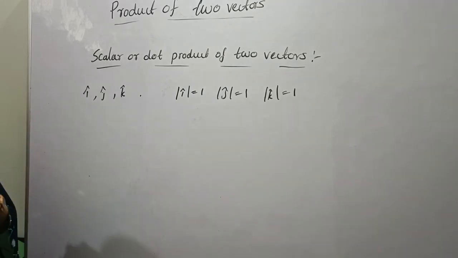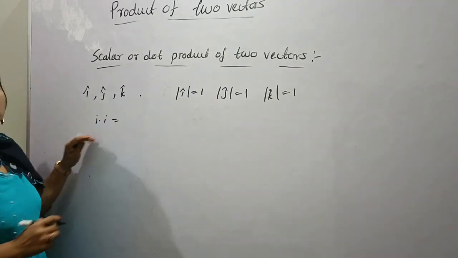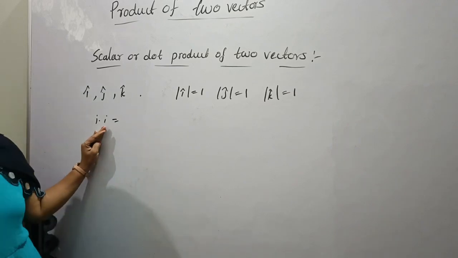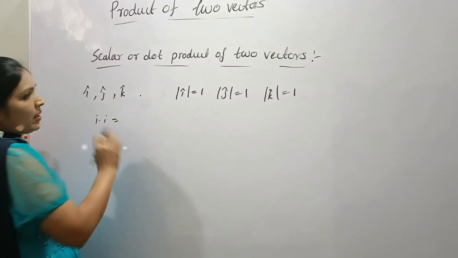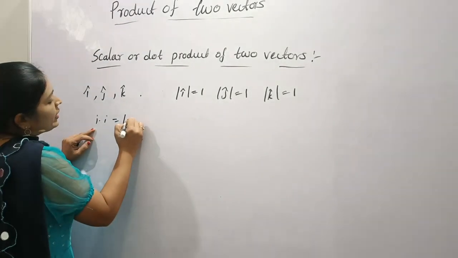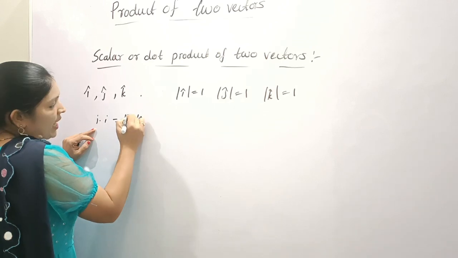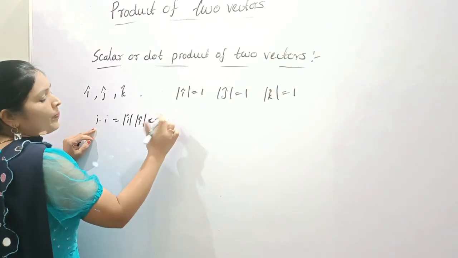Now, what is vector i dot vector i? What is the angle? 0, right? According to the definition of a scalar product, we can write modulus of i into modulus of vector i into cos theta, where theta is 0.